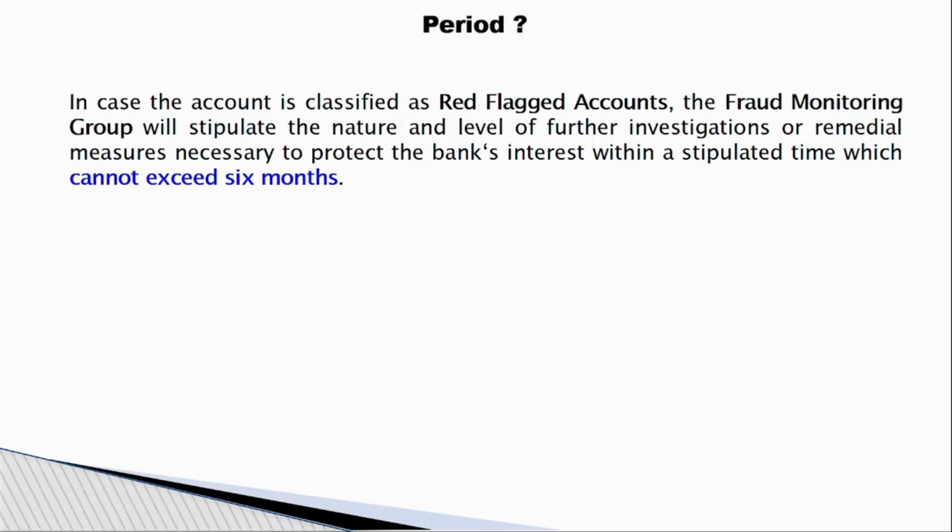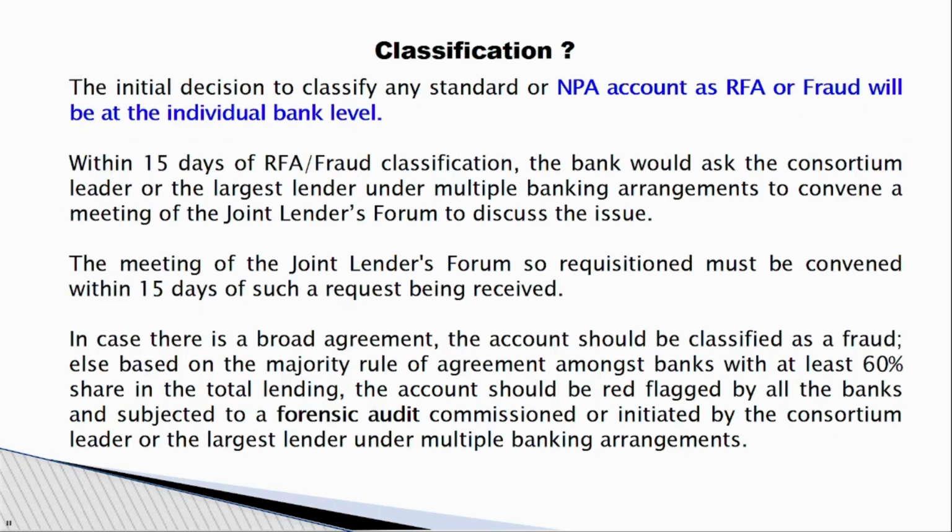If you identify any red flagged account, the fraud monitoring group will carry out all the investigations, and within 6 months they have to classify this account. So this is the 6 months period.